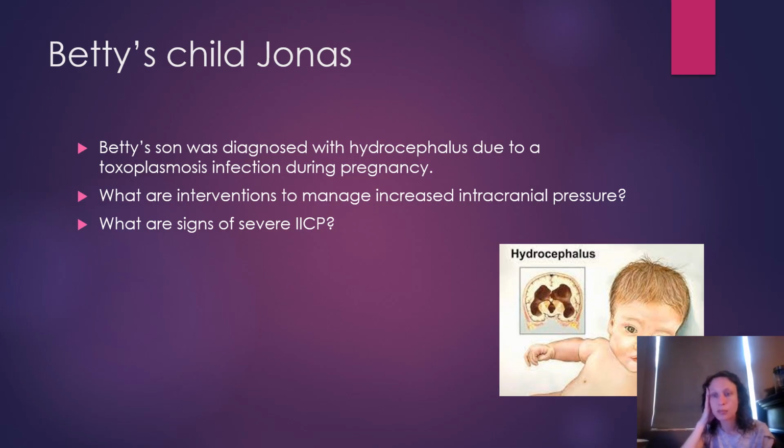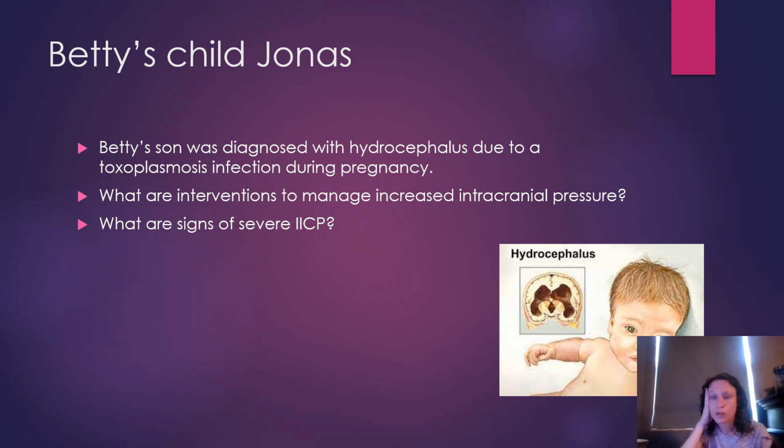So we want to keep the body completely aligned, okay? We want to also maintain their SpO2 above 95%. That's key. Maintain SpO2 above 95%, okay? We also want to make sure that we're managing their bowels, their elimination. So we might switch to enteral feedings.